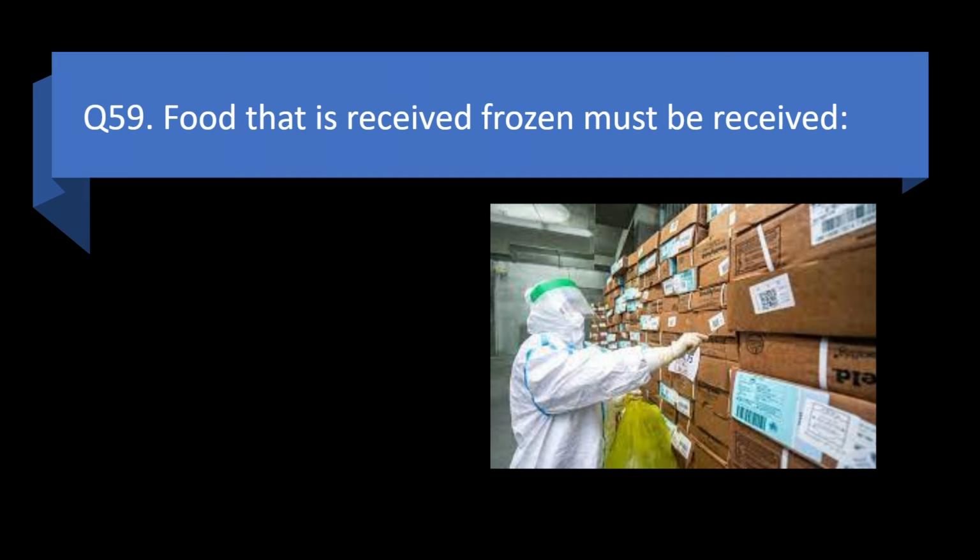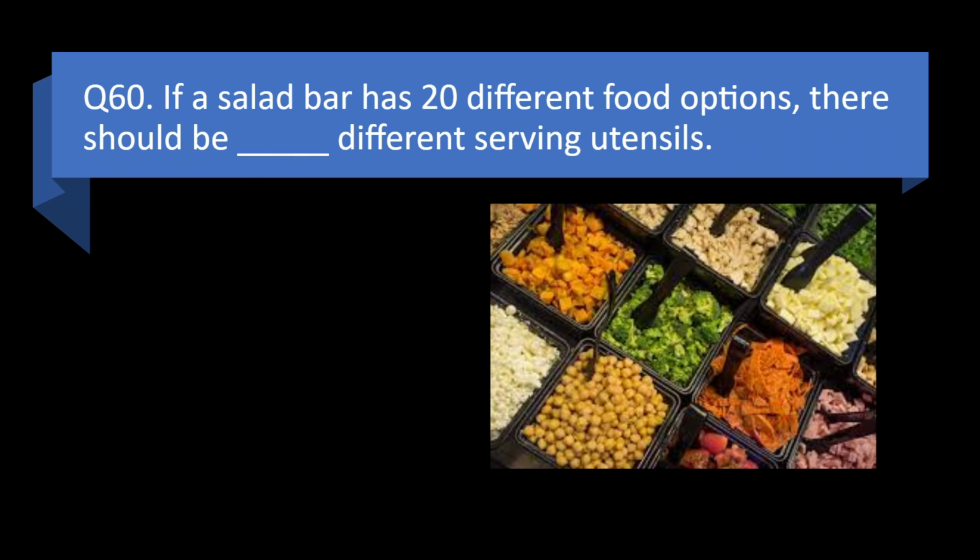Food that is received frozen must be received less than or equal to 32 degrees Fahrenheit, less than or equal to 0 degrees Fahrenheit, solidly frozen, or less than or equal to 41 degrees Fahrenheit. C. Solidly frozen. Question 60. If a salad bar has 20 different food options, there should be blank different serving utensils. 10, 15, 20, or 40. C. 20.